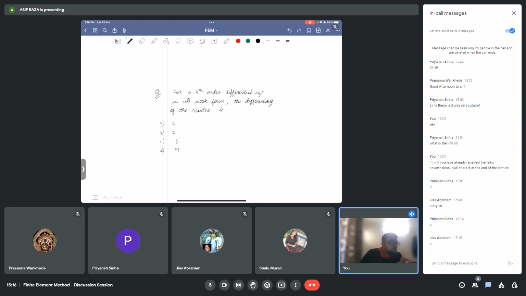So repeat the question. For a fourth order differential equation in its weak form, the differentiability of the residue is 1, 2, 3, 4. Answers. It's quite standard now because you guys are solving beam problems, so you must be knowing what would be the differentiability of my residue.